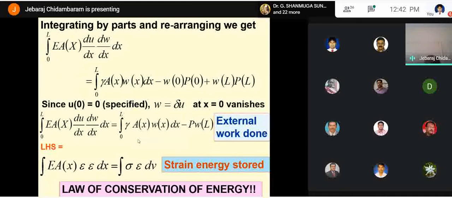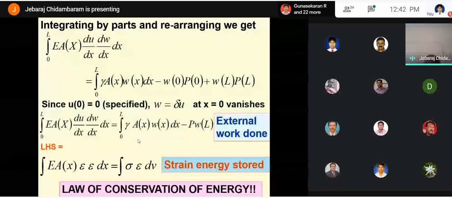And the minimization equation became the energy equilibrium equation of the law of conservation of energy. So now, the solution you're going to find out is an approximate solution only, no question about it. But that solution is going to satisfy the energy equilibrium, to say the internal energy stored equal to external work done.